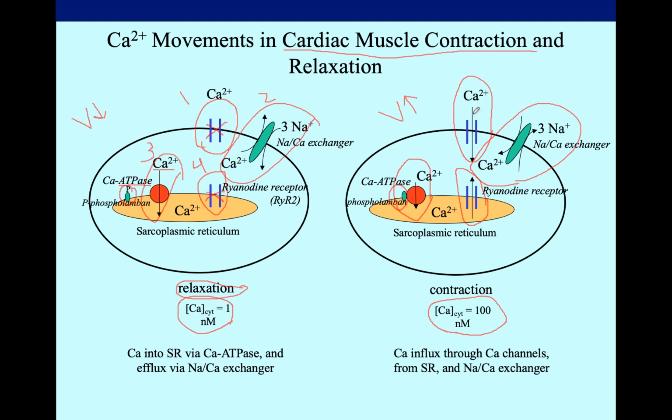So we're bringing it in from here, we're bringing it in from here, moving it out of the SR, and we're trying not to store so much from cytoplasm back into SR. You want to keep as much calcium in the cytoplasm as possible. So maximal calcium concentrations here. So again, the transporters are the same, but their function changes dependent upon the voltage of the cell.